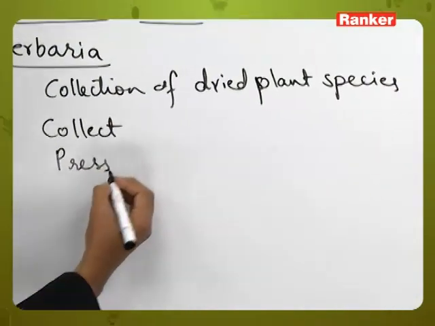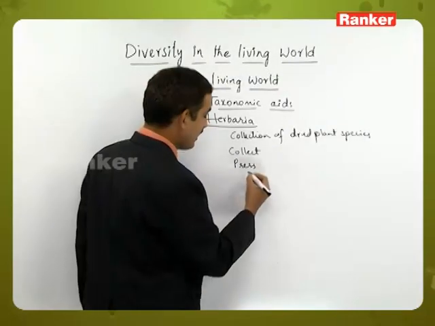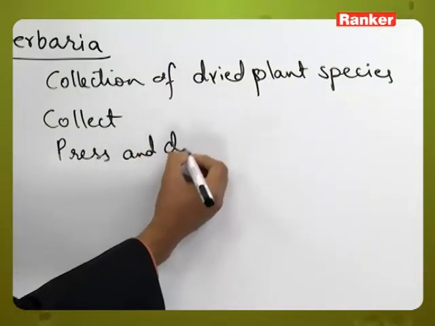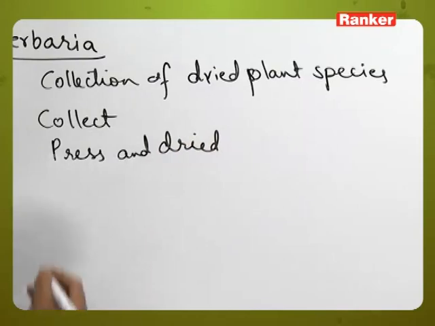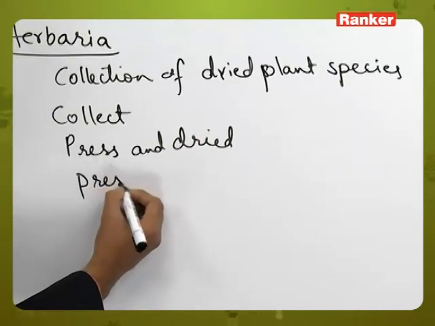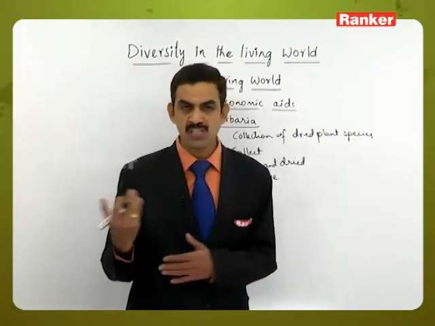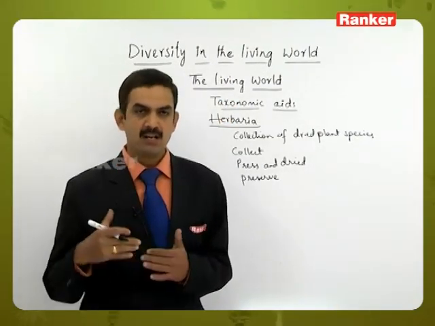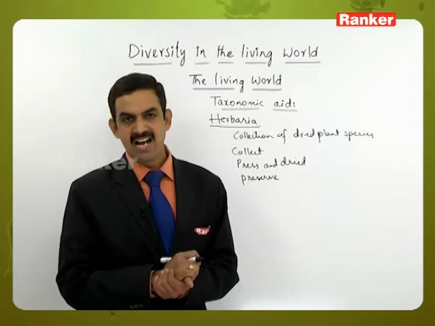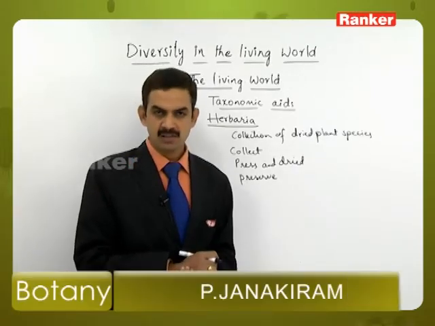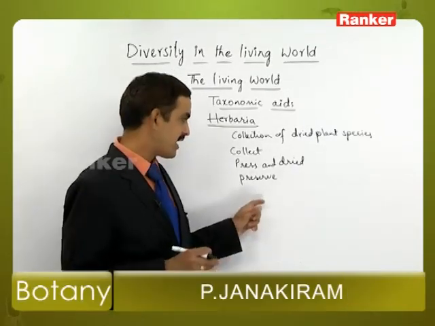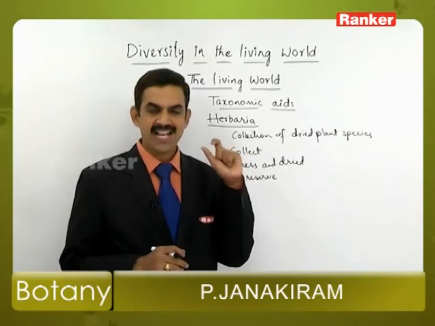When we press, the plants become dry, pressed and dried. Once they have been dried, they are preserved for future usage. For whom is it useful? The next generation scientists or botanical persons may use the knowledge of the plant species that have been preserved.